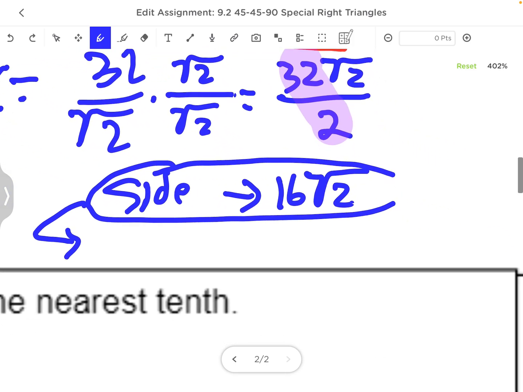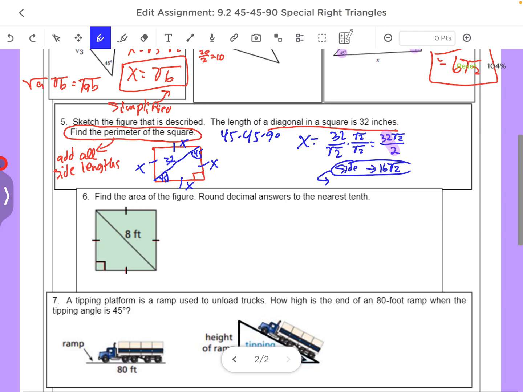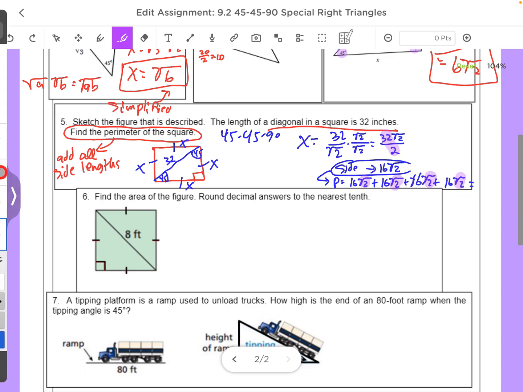So the perimeter, we said perimeter is adding them all, right? The perimeter is equal to 16 square roots of 2 plus 16 square roots of 2 plus 16 square roots of 2 plus 16 square roots of 2. Well, how much is that? Let's think of it like this. We have 16 square roots of 2 plus 16 more plus 16 more plus 16 more.